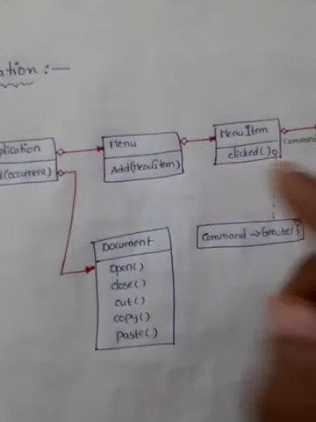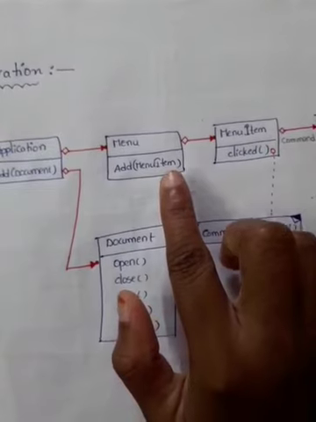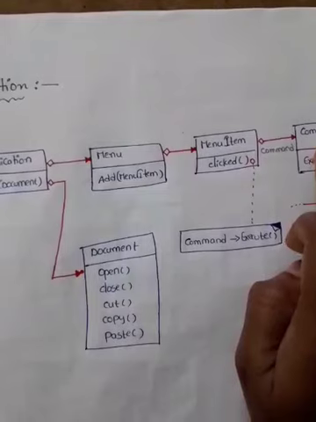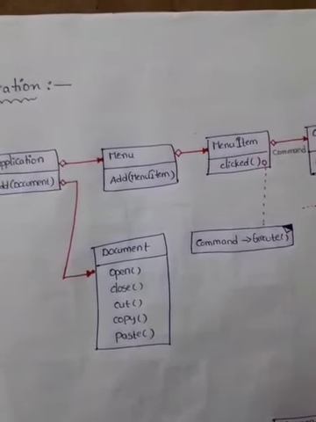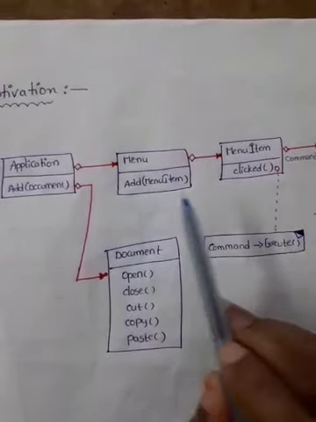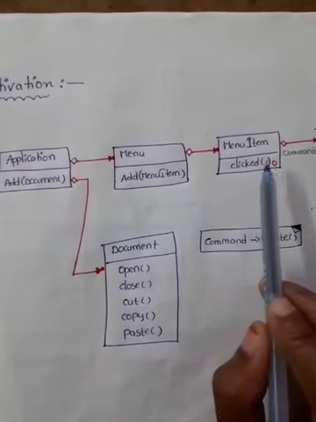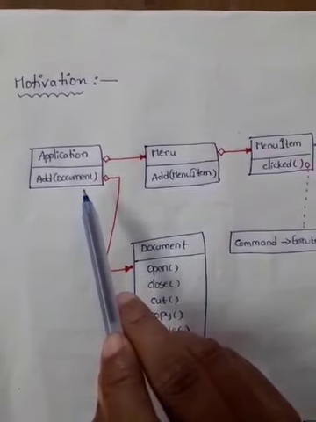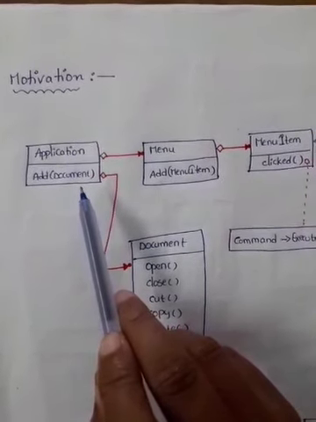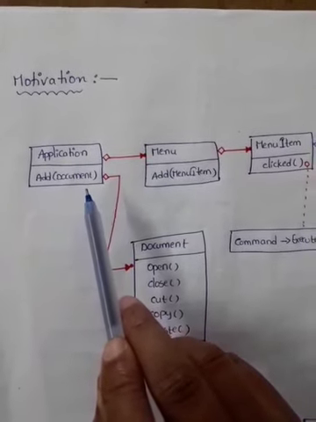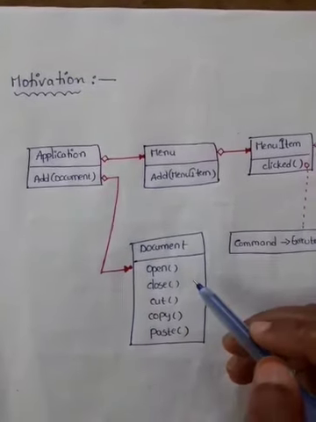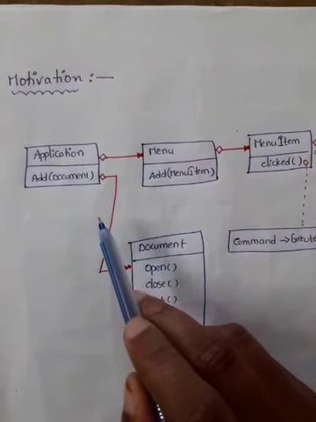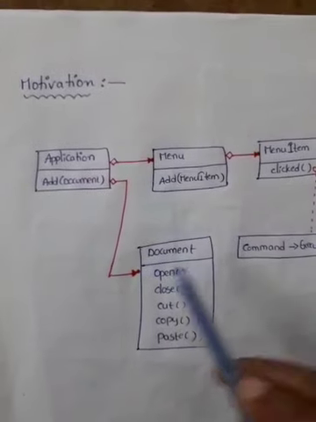Menus can be implemented easily with command objects. Each choice in a menu is an instance of the menu item class. An application class creates the menu and its menu items along with the rest of the user interface. The application class also keeps track of the document objects that a user has opened.